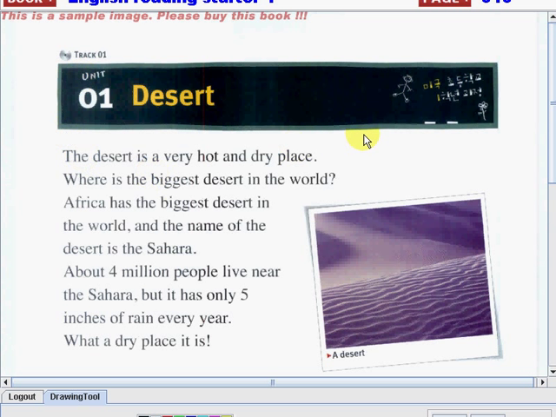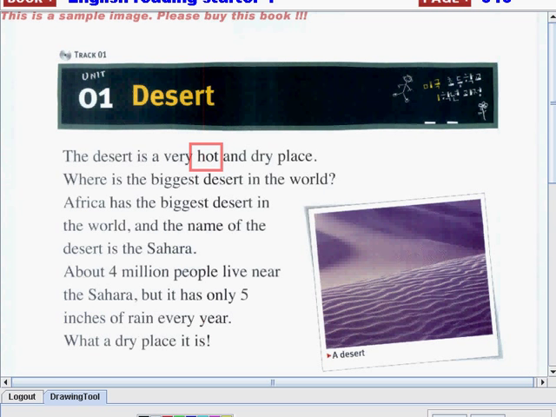As you can see here, we are going to cover Unit 1, and we will talk about desert. Do you know what desert is? When people think of desert, the following image comes to their minds: a hot, dry place, and arid land.